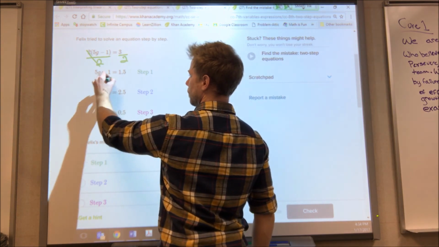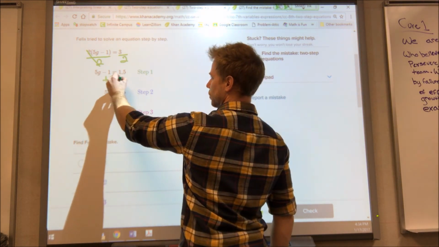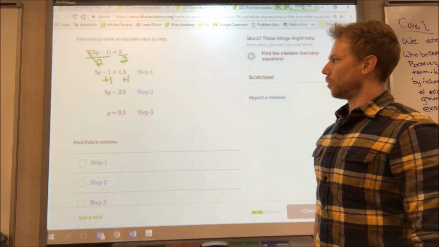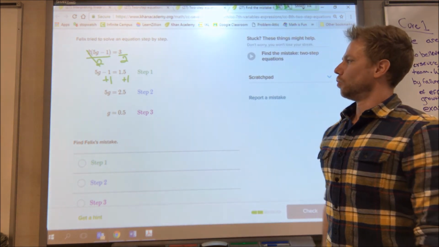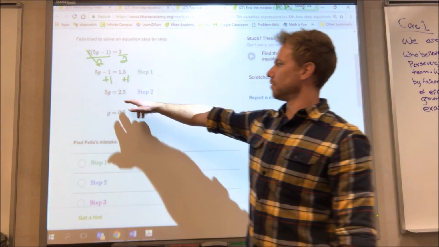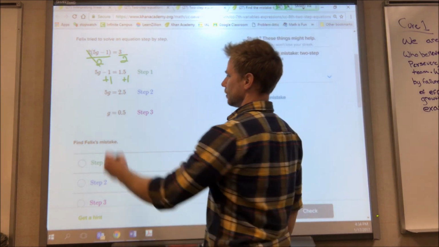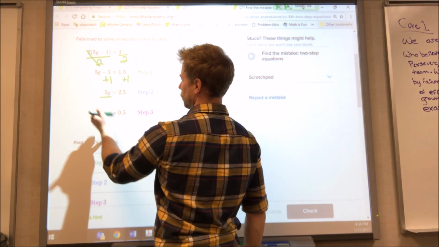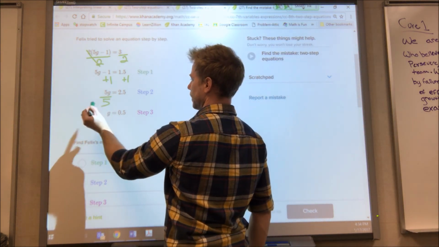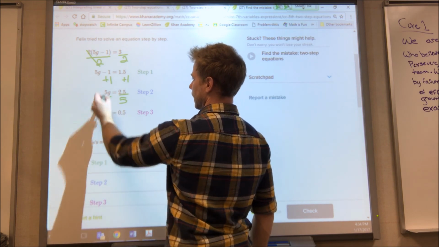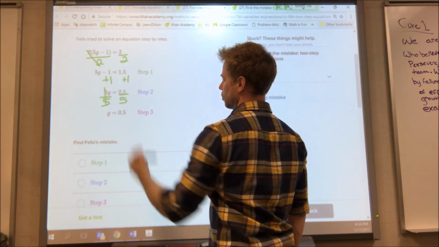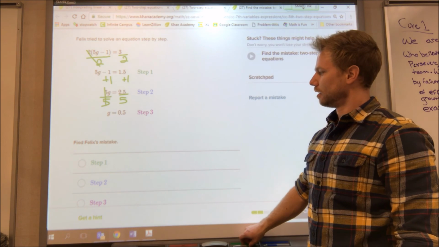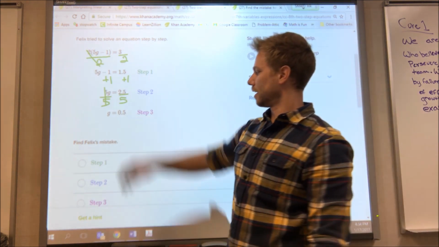So what we should do now, opposite of what we see, we should add 1.5 on both sides. 1.5 plus 1 is 2.5. That's good. And then we need to do the opposite of what we see, divide by 5 on both sides. That gives us g. 2.5 divided by 5 is 0.5.